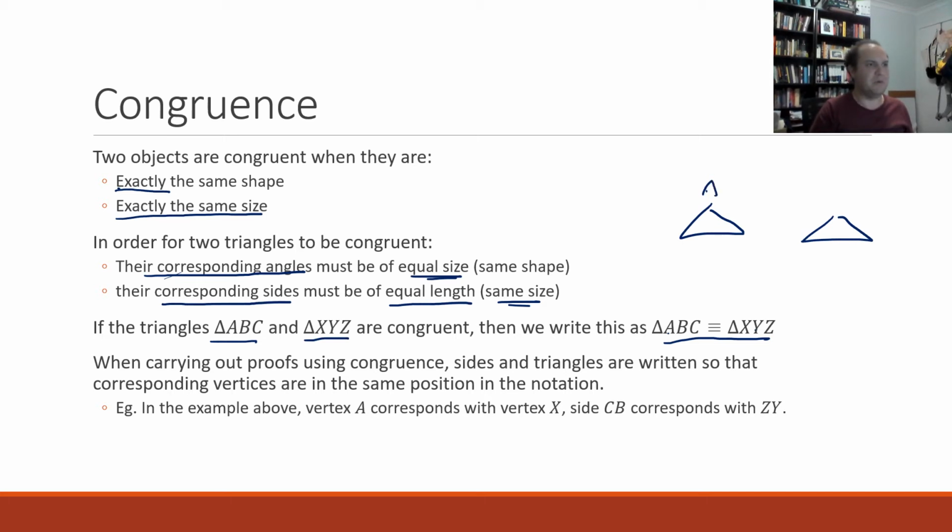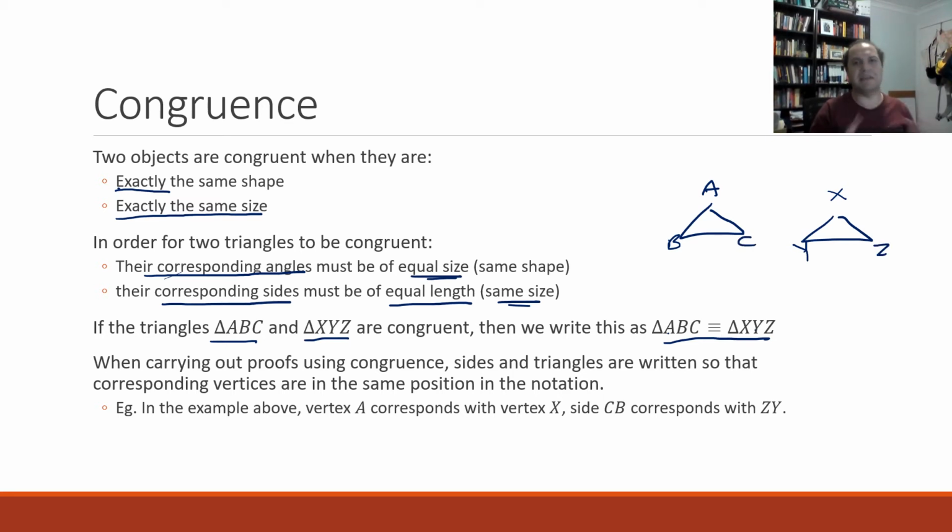So if point A is at the top here, then point X must also be at the top, or with the same angle. In the same way, if B is down here, then Y will be matching it, C will be here, and Z will be here.